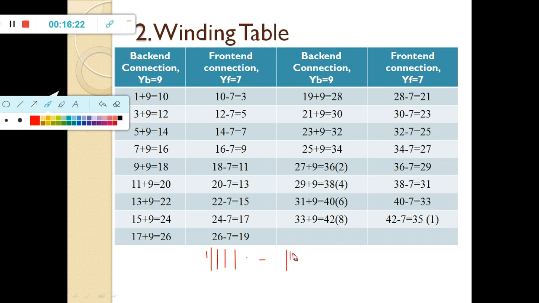The first conductor is connected to the 10th conductor at the top end, because the value of YB defines it: 1 plus 9 is equal to 10. This is the top end. And the 10th conductor is connected to conductor number 3 at the front end. As I already said, the front end is nothing but your bottom connection.